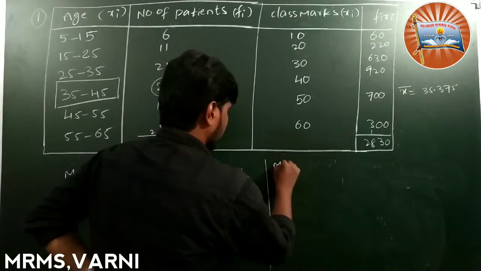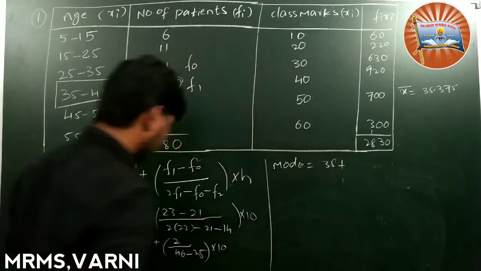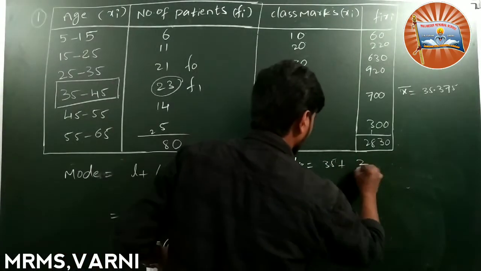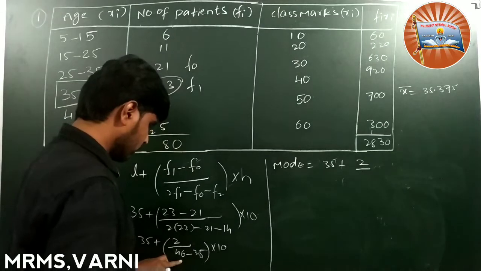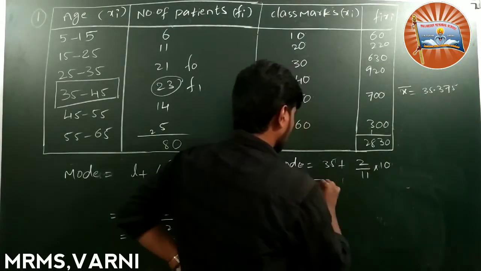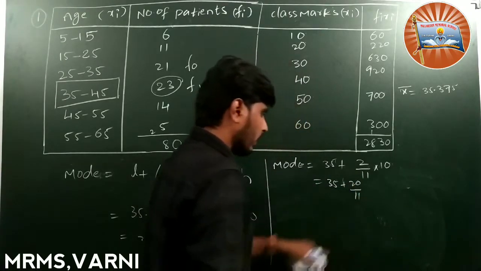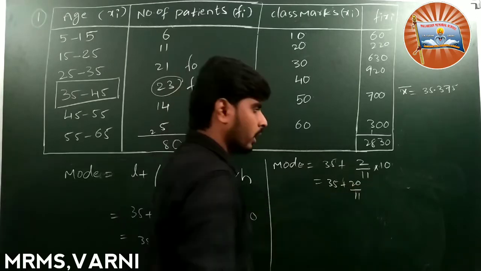Now mode is equal to 35 plus 2 by 11 into 10. So 35 plus 20 by 11. We have to divide by 11, so 20 by 11. Okay.